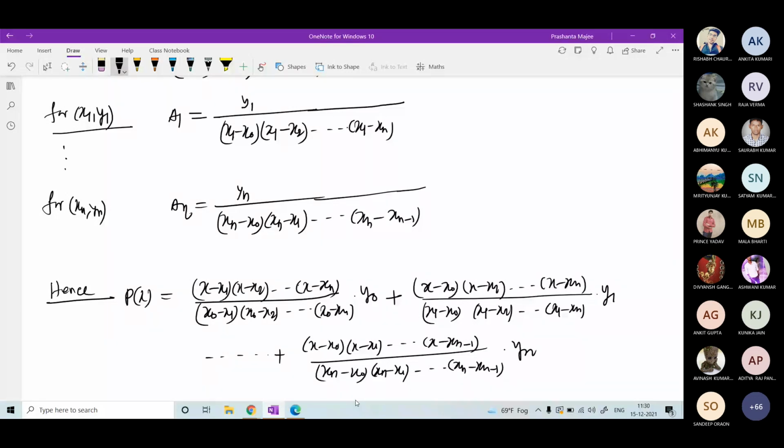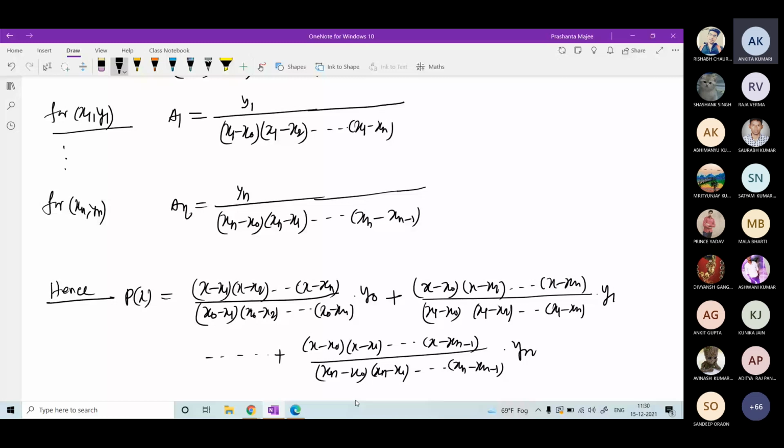So tell me some advantages of this Lagrange interpolation formula over the existing methods, whatever we have studied so far. Tell me the advantage of this. Anybody? The first advantage is this can be applicable to any kind of data, evenly spaced or unevenly spaced.